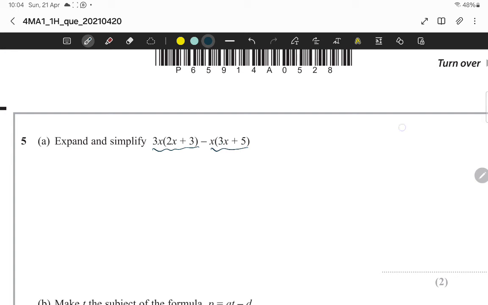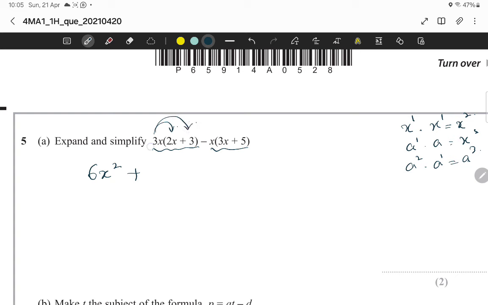Remember, when we have the same variables and we multiply them, the powers are added together, so x times x becomes x square. If a square is multiplied by a, which has power 1, it becomes a cube. We will do the same thing here. 3x times 2x: 3 times 2 is 6, and x times x is x squared, plus 3x times 3.